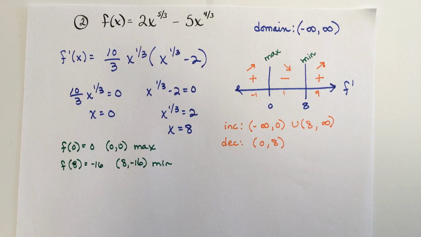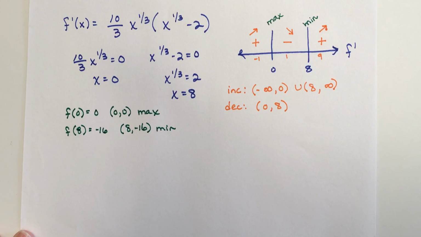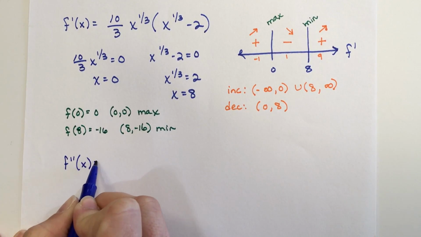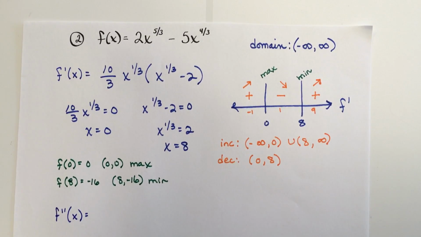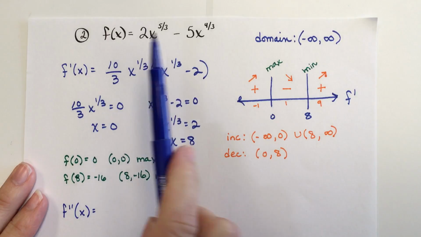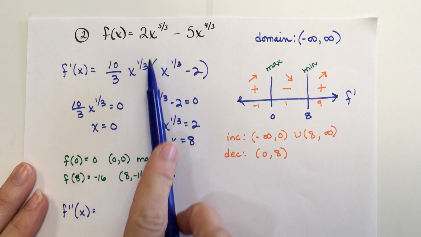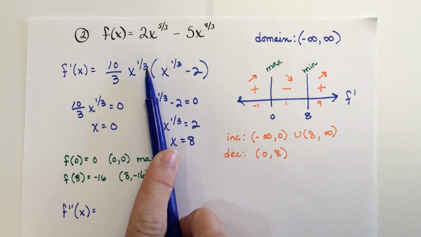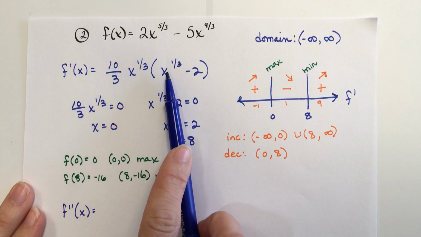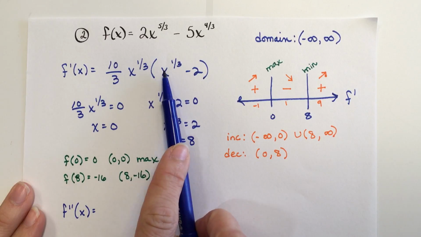Okay, so next you need to find your second derivative. Now, when you go to find your second derivative, my suggestion would be, of course I didn't show all the steps in here, remember, to save some time with the video, but I wouldn't use this form of the derivative because this would require product rule.